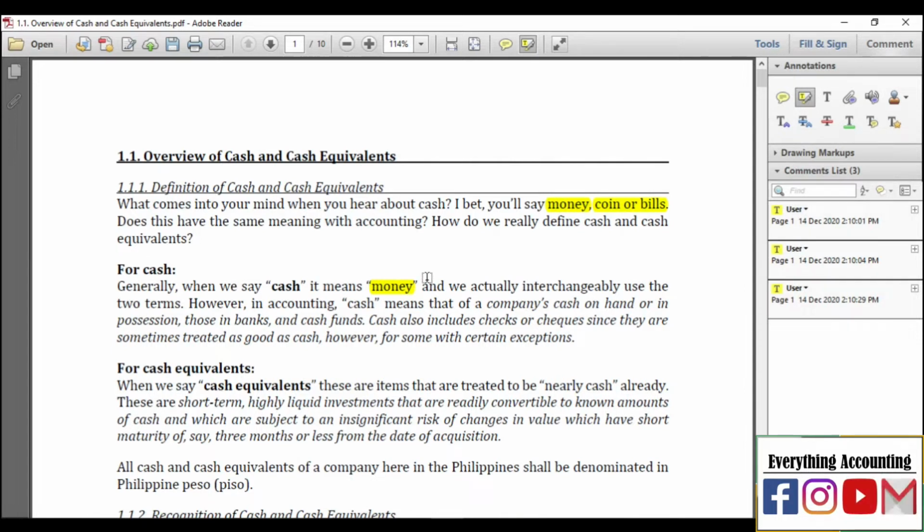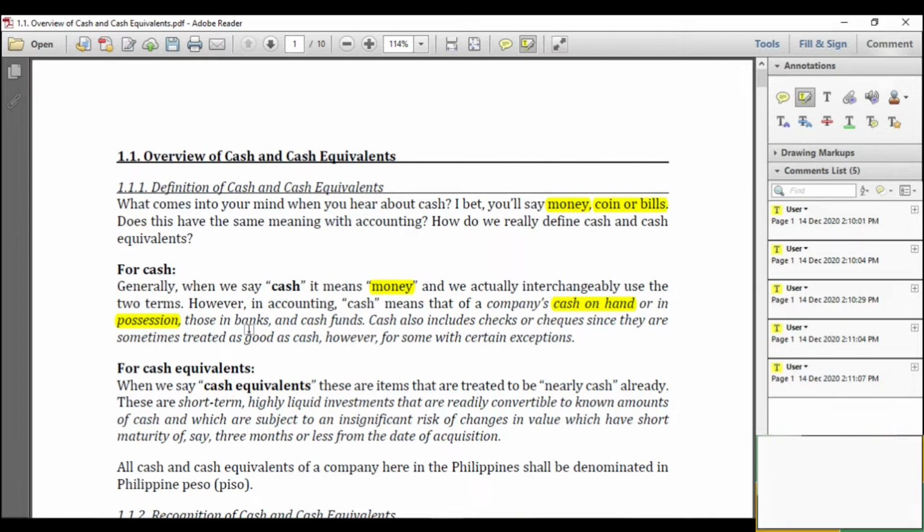Basically, there is a standard that provides that cash composes the company's cash on hand or in possession. Yan yung pera na meron talaga yung company. Then those in banks: we have the demand deposits, checking accounts, yung savings accounts. Yun yung mga pera na nasa bangko.